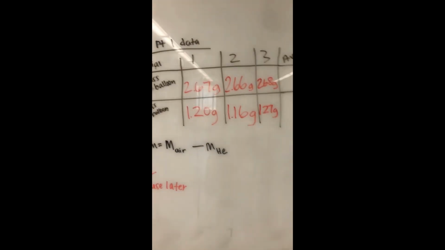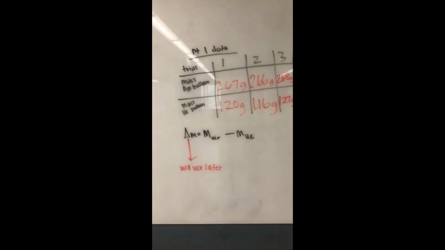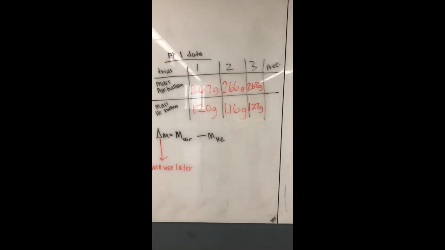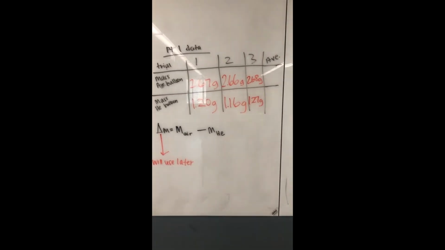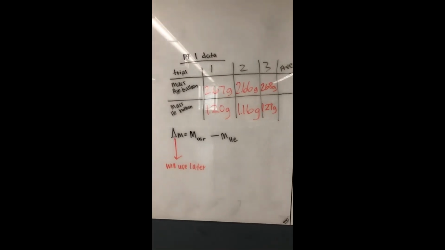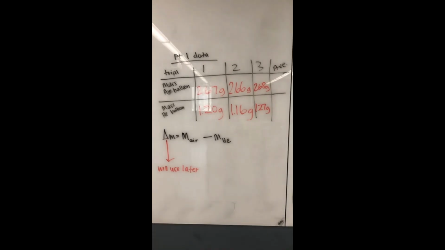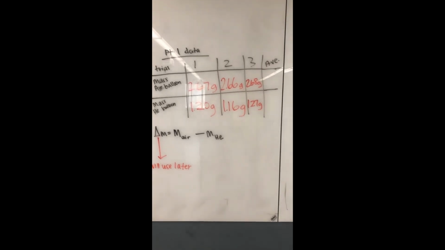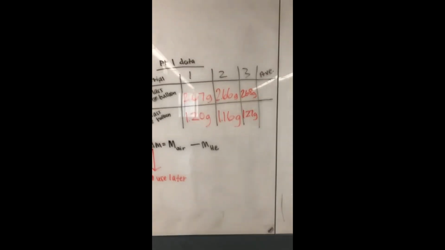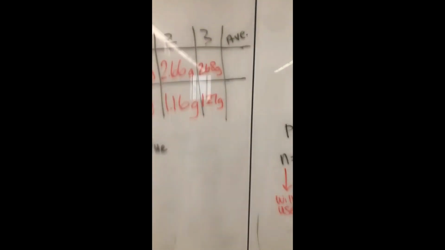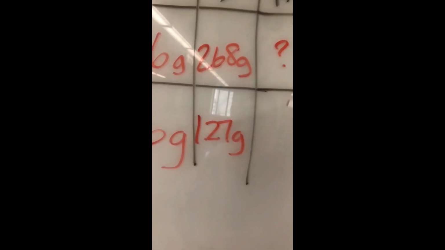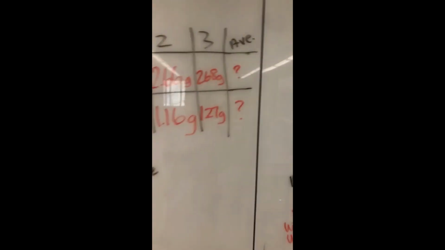So the data that we have for part 1 is that for the mass of the air balloon, those values are 2.67, 2.66, and 2.68 grams. For the helium balloon, it is 1.20 grams, 1.16 grams, and 1.27 grams. And I will leave it to you guys to figure out the averages.